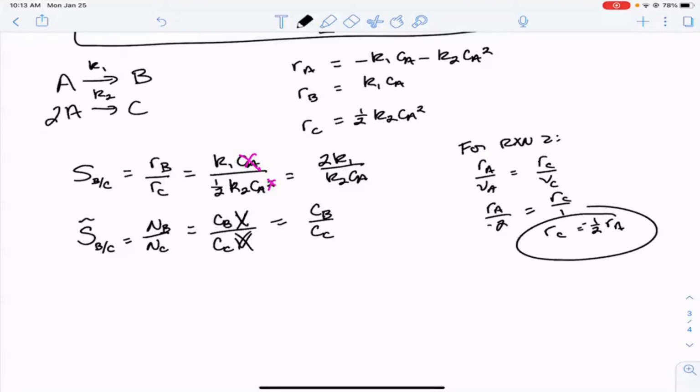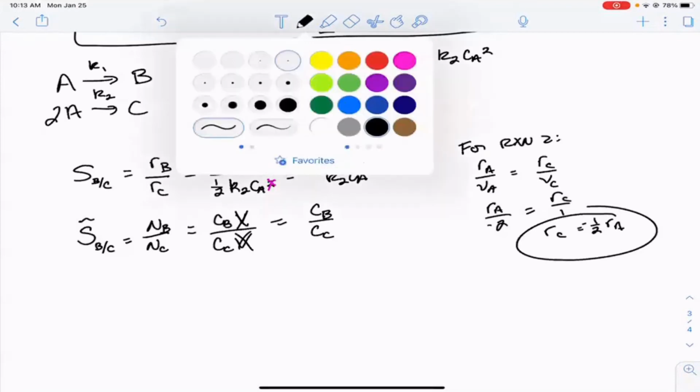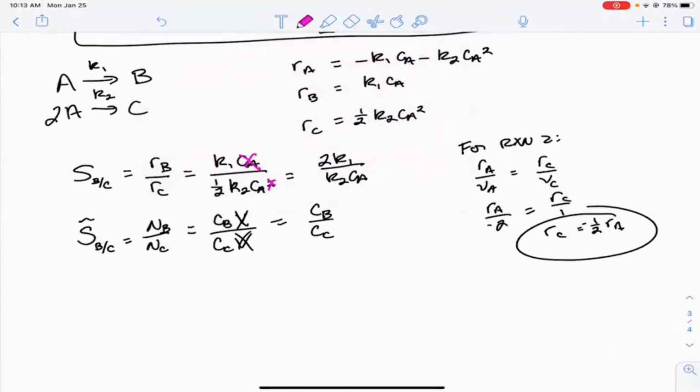So one of the things that we should be able to see right away is that, yes, to manipulate the instantaneous selectivity, we can play with the rate constants just like we have before.